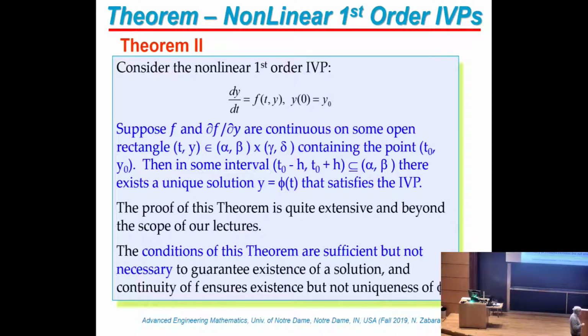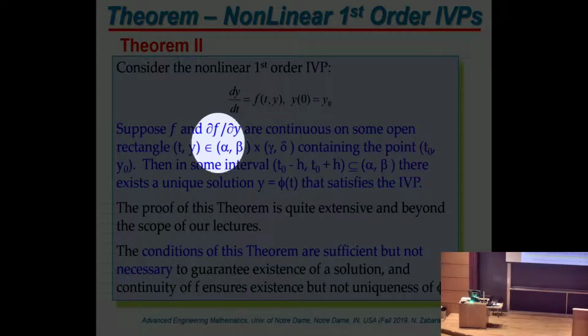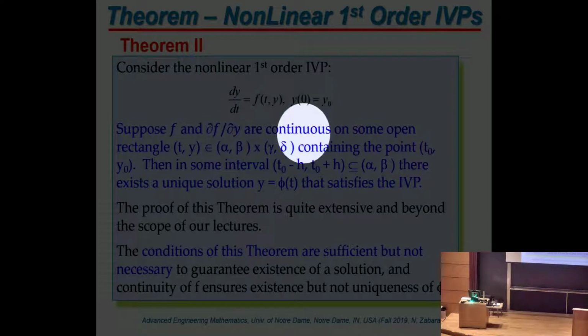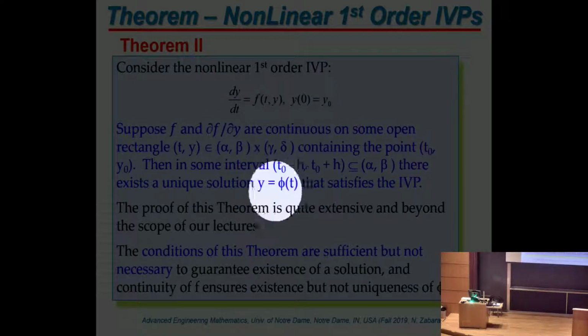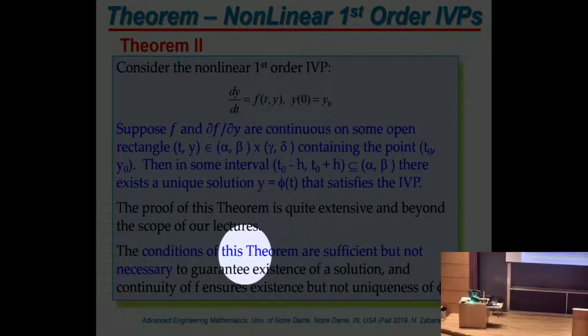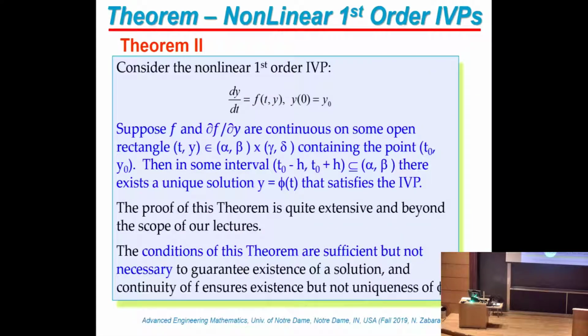And I will come back. I have another slide to discuss this. So what you see here is if f and the gradient of f with respect to y are continuous, then there is a unique solution. All right? Not only does it exist, but it's unique. All right? But these conditions are sufficient. They are not necessary.